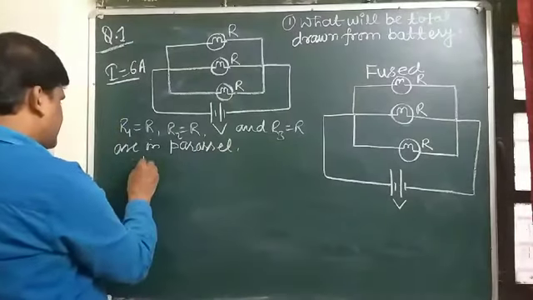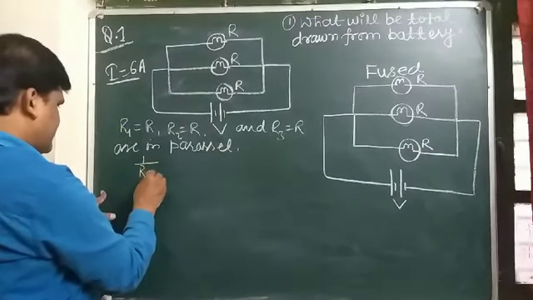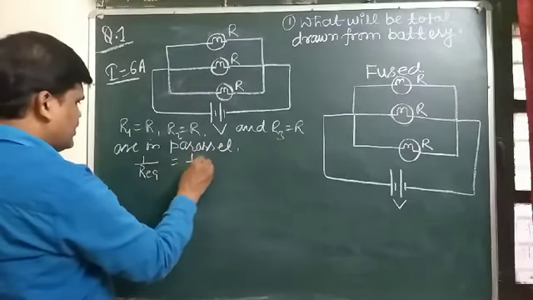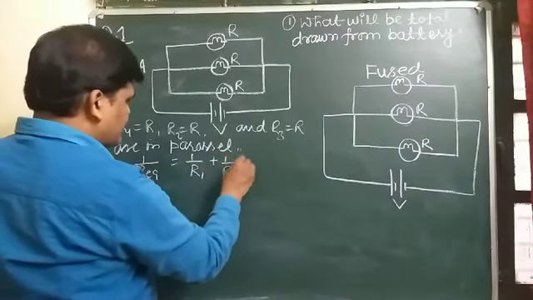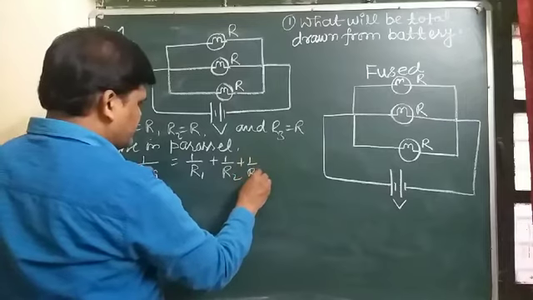So the equivalent resistance can be written, you know the formula, as 1/R equivalent = 1/R1 + 1/R2 + 1/R3.